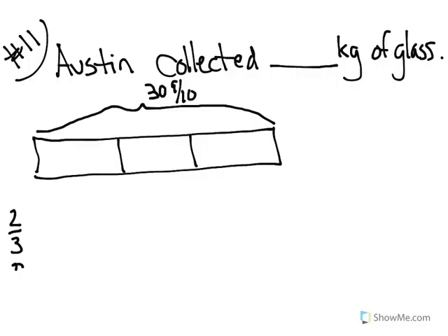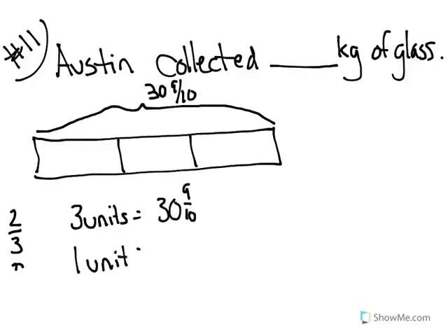So I know that 3 units equals 30 9/10, and I need to know what 1 unit is. So in order to do that, I need to divide 30 9/10 by 3. So I can decompose the 30 9/10 into 30 plus 9/10.